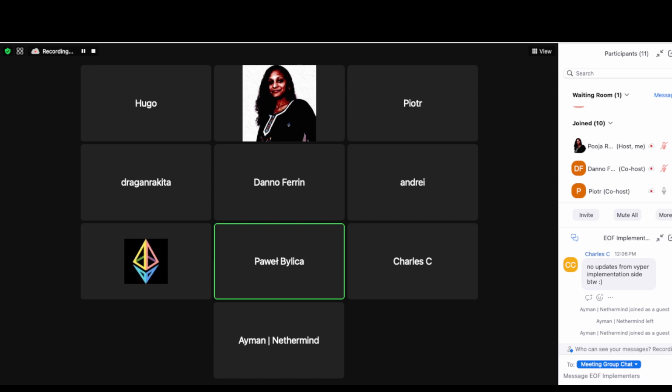Maybe there's a way to visualize this, because even for the current EVM, I wouldn't be able to answer this right now without checking the code.